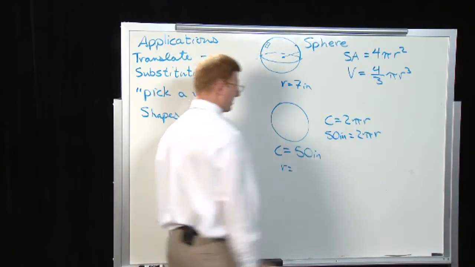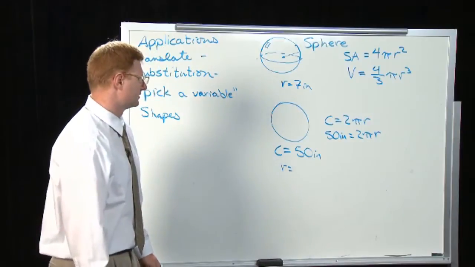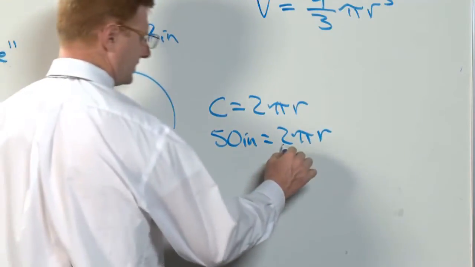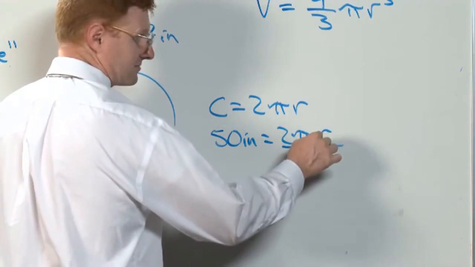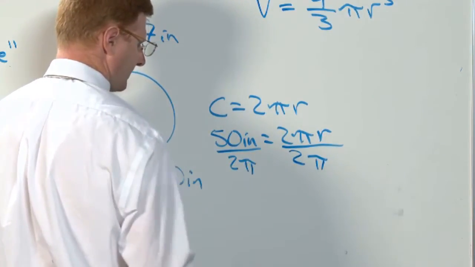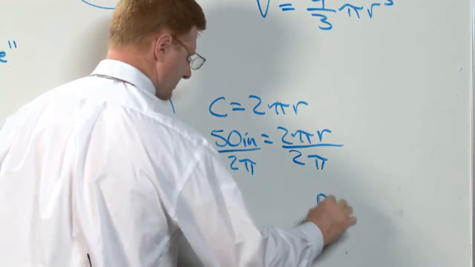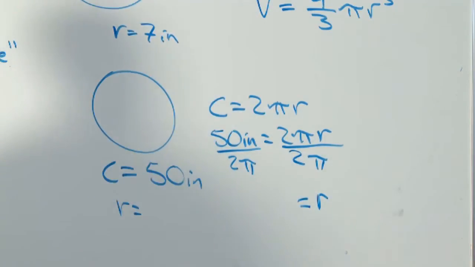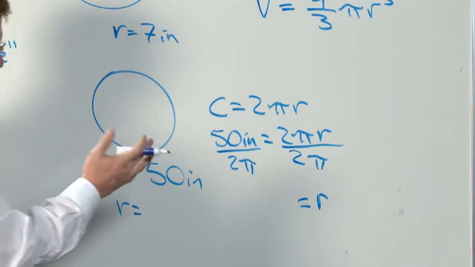Well, if I want to get radius by itself, we're going to divide, because it's multiplying here, to get rid of it, divide by the 2 pi. So the radius is going to be 50 divided by 6 point something. It's going to be 7 point something.